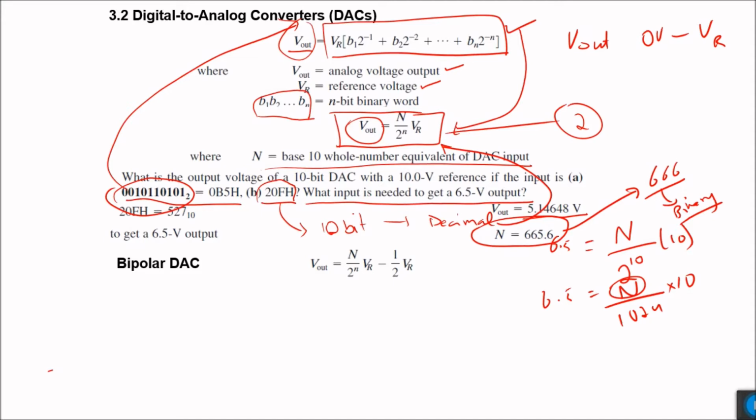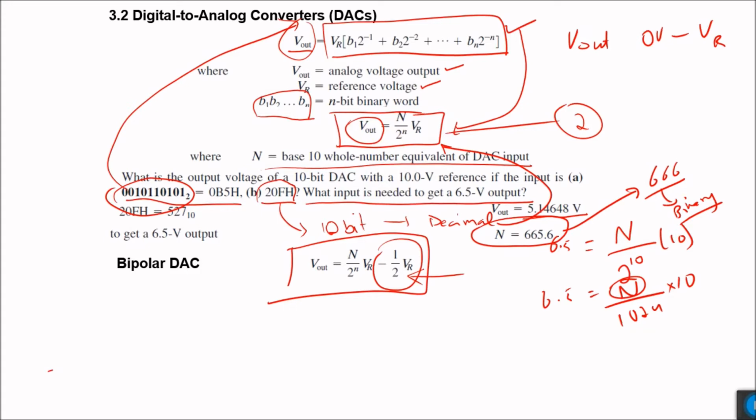So there are both positive and negative voltages in a bipolar DAC, while in a unipolar DAC there are only positive voltages and 0. For a bipolar DAC that can produce a negative voltage at the output, this is the formula, and effectively we are just subtracting half of the V reference from whatever V out we are getting.